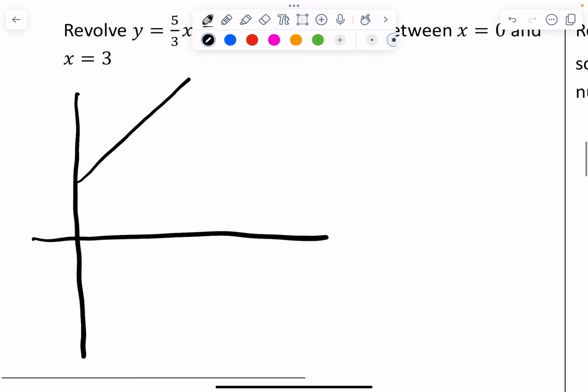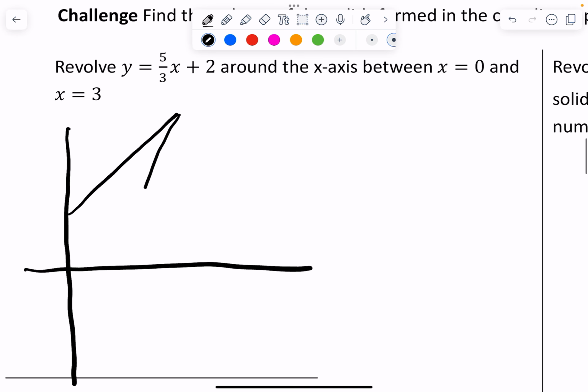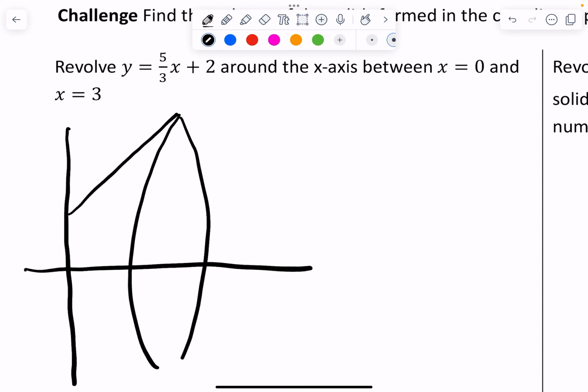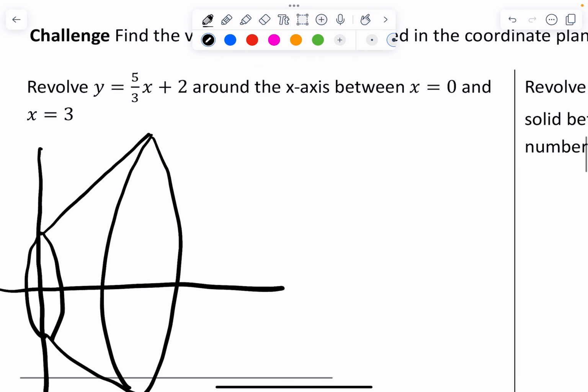If we were to reflect this across the x-axis, right, we would get a frustum like this. Right, and then we want to do this between x equals 0 and x equals 3.